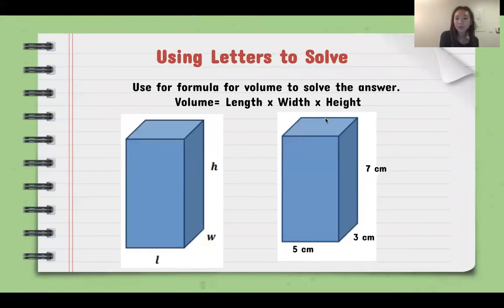All right, continuing on, we're going to use letters to solve. So the formula for volume is volume equals length times width times height. So moving back to our very beginning when we did the start thinking section, we did units times units, and that gave us the answer units squared.